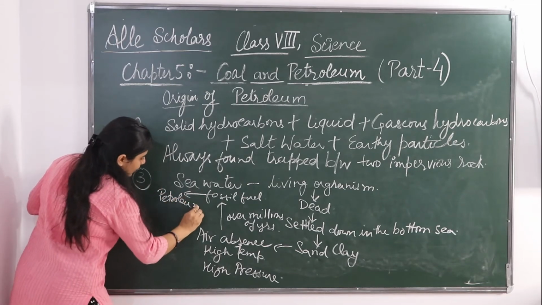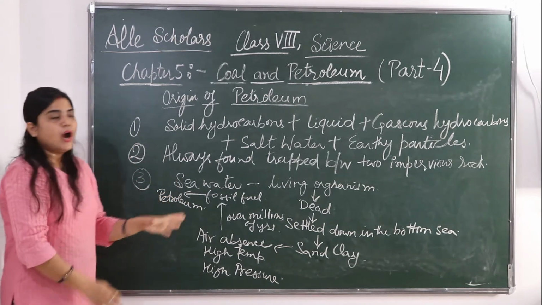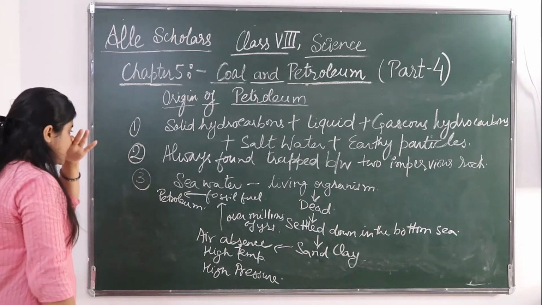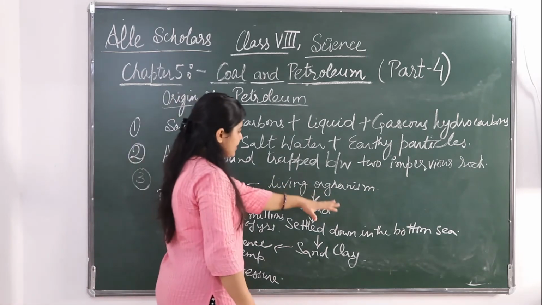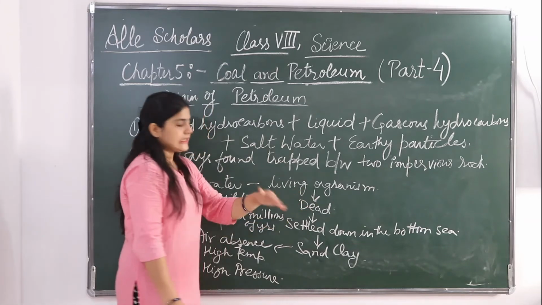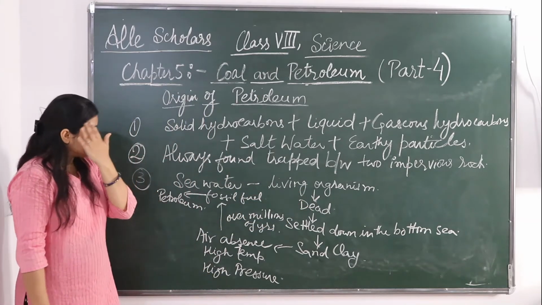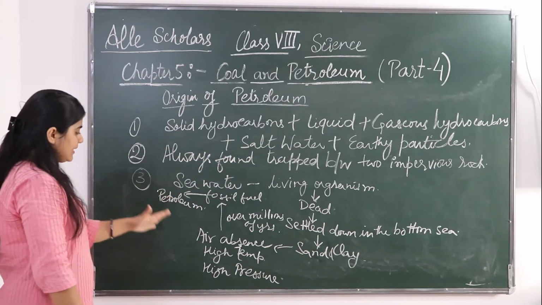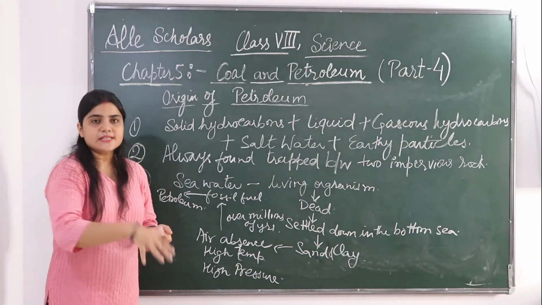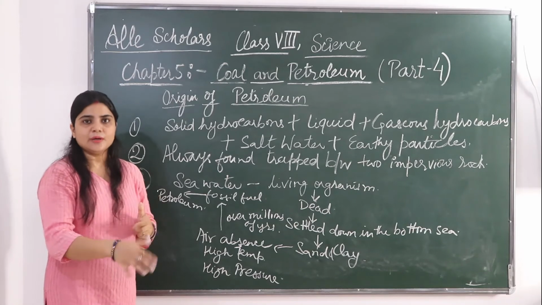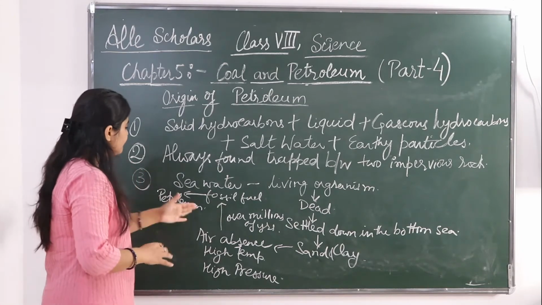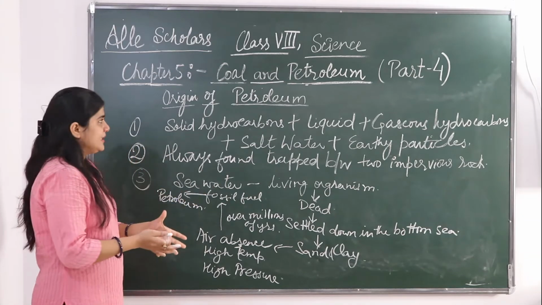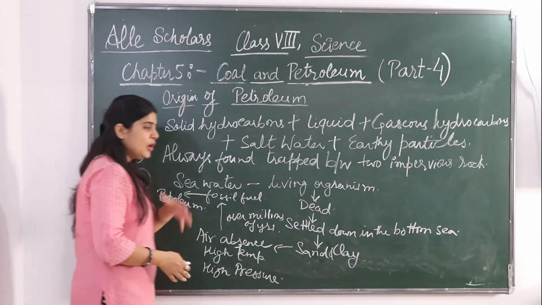Okay, so this is a simple phenomenon of how petroleum got its origin. In sea water the living organisms were there, they died and settled down in the bottom of the sea, they got covered with sand and clay, and in the absence of air at high temperature and high pressure, over millions of years they changed into fossil fuel, and that fossil fuel is petroleum.